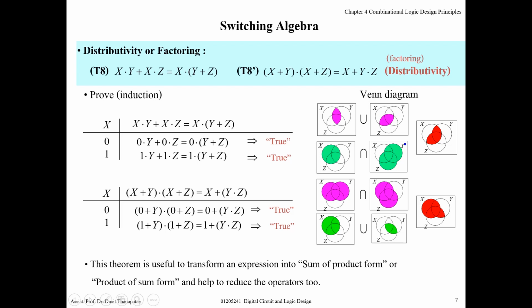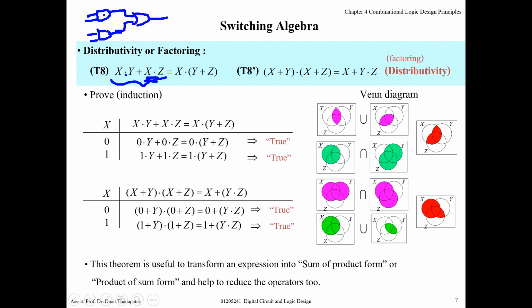For this theorem, if you implement the circuit following this expression, you must choose one AND gate, no, 2 AND gates, right? Namely, you must use one AND gate for x and y, and one more AND gate for x and z, and then all together you use one more OR gate.